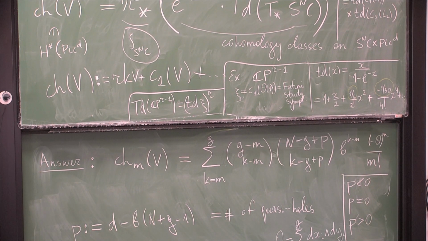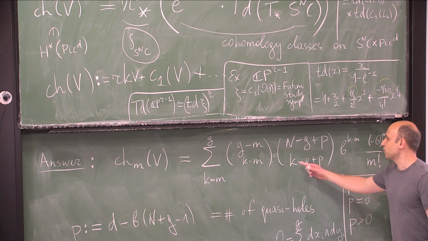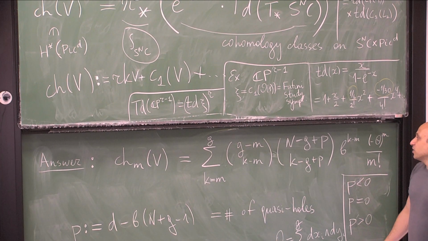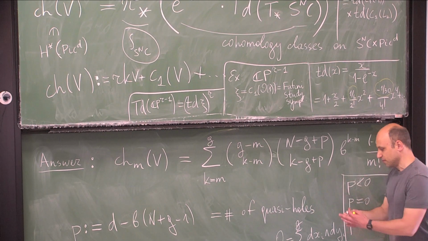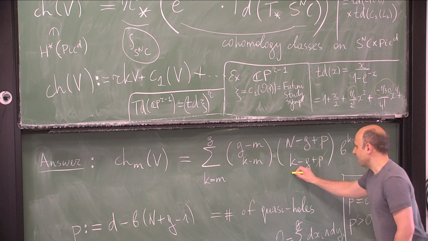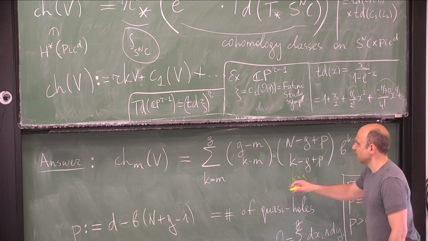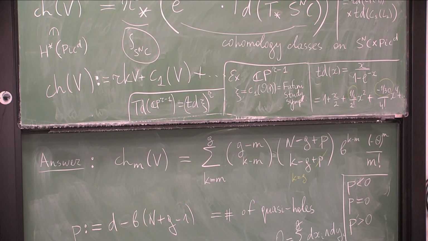For p equals 0, you see, you need k minus g to be non-negative. So the only term that will contribute is when k is equal to g. If I remove p, I have to have k equals g. So instead of this complicated sum, I will only have one term.